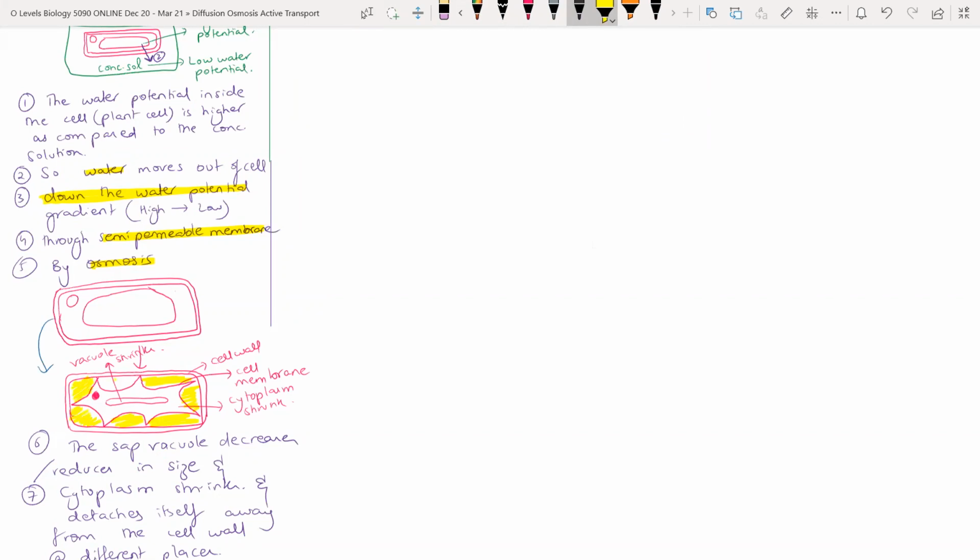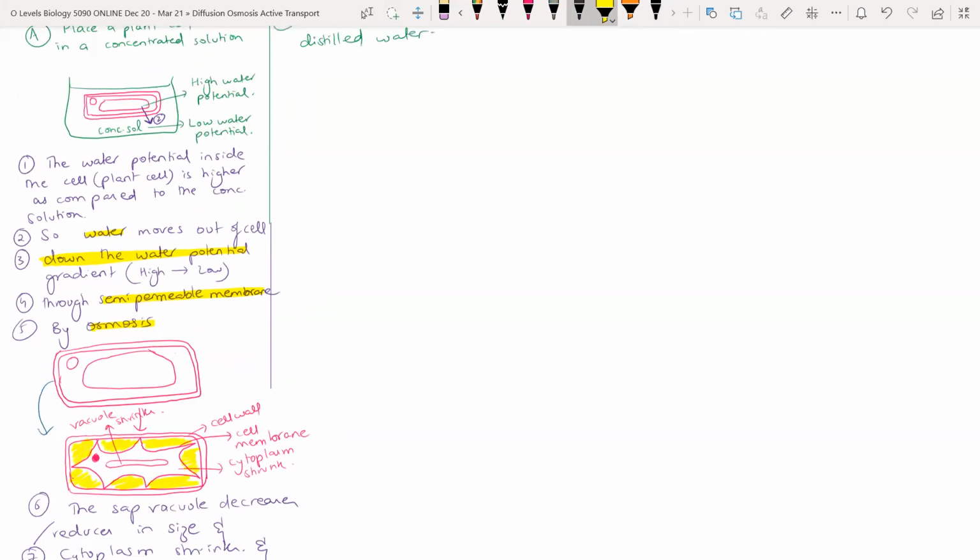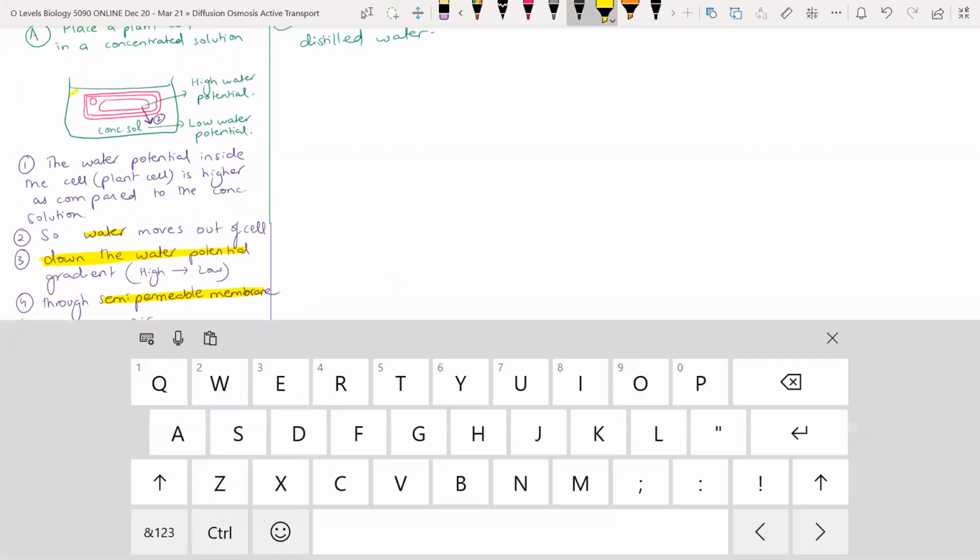All of this region that I've highlighted as yellow, what do you think it will contain? It will contain this concentrated solution. Can anybody tell me why is that the case? If you tell me, I will be the happiest man on earth, honestly, because I will understand that you've understood.